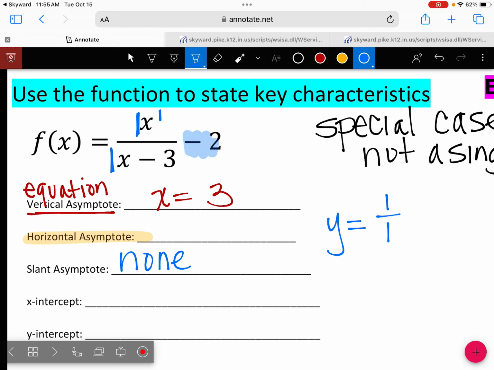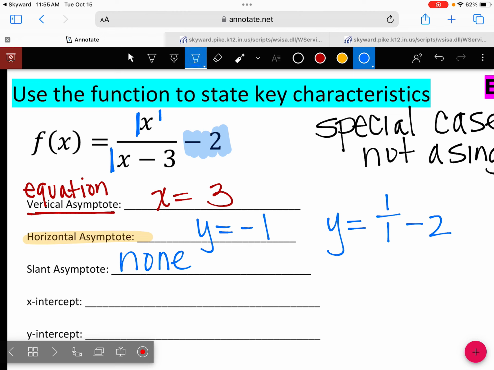But now I have to include this -2. So my horizontal asymptote is not just y equals 1 divided by 1. It's y equals 1 divided by 1 minus 2. So what would that be? Y equals what? -1. Not 3. 1 minus 2 is -1. So that would be my horizontal.